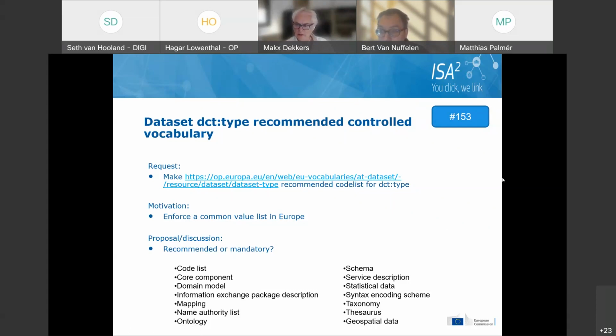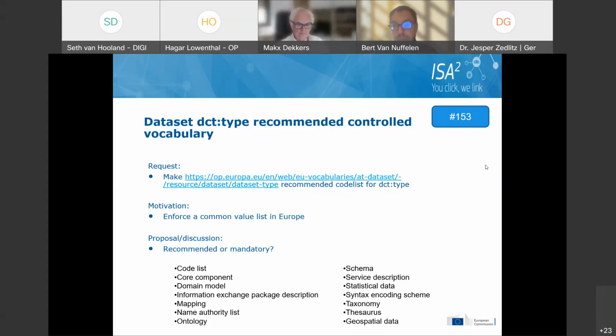Okay. Any comments? I saw something from Jesper. Yeah, we're currently using DCT type. We have only one fixed type value, that's collection, and we use it to represent time series. It would be a problem if we restrict this DCT type to a list when our one entry is not in that list, because we would break these datasets.